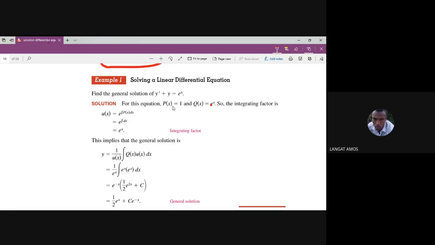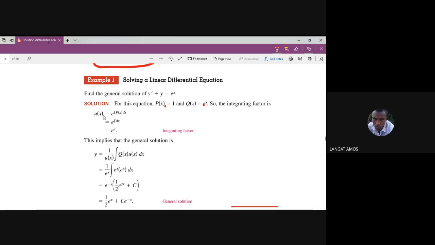Okay, so fine. Has everyone understood this point? Yes. Okay, we can proceed. When you integrate dx it will be x, so there will be e raised x.